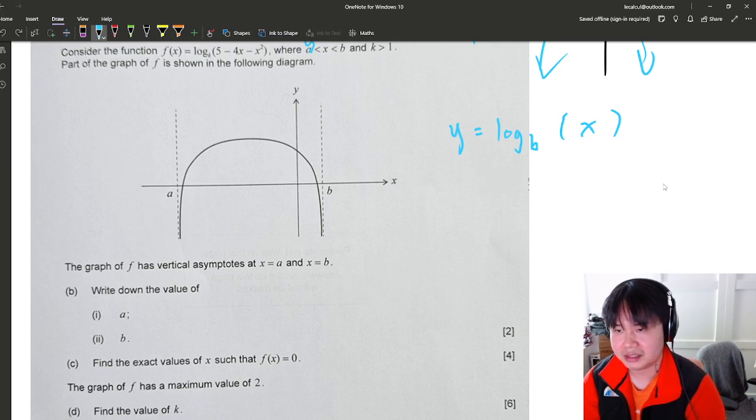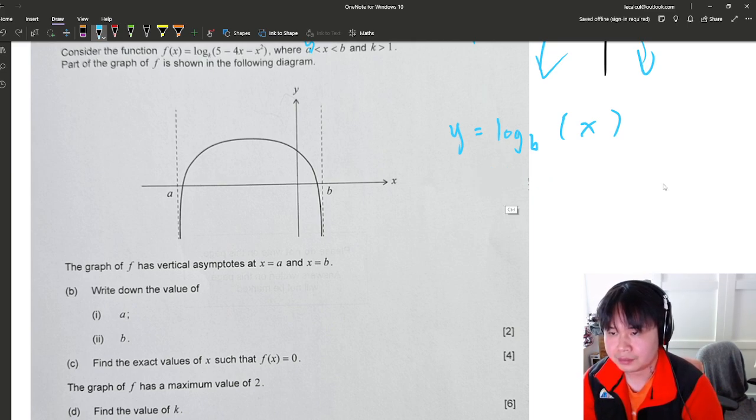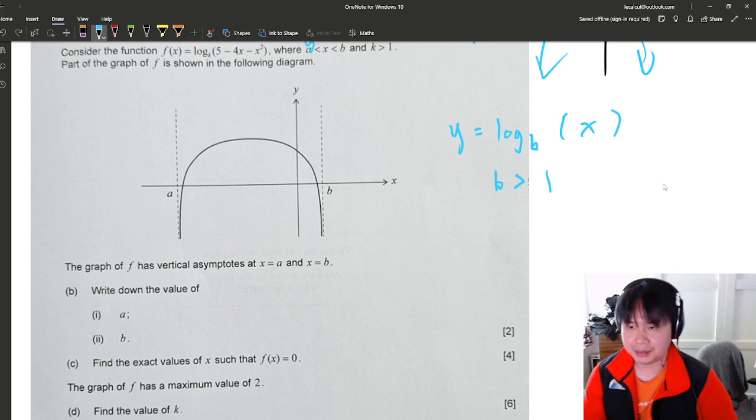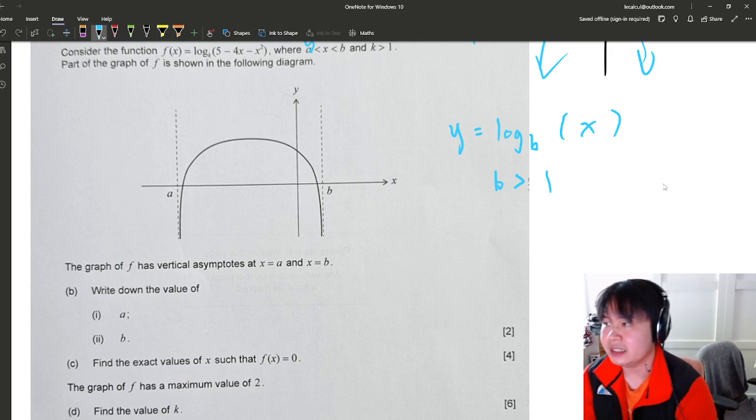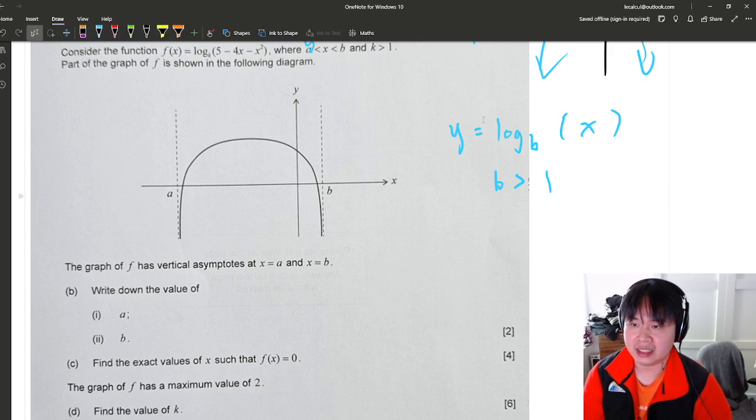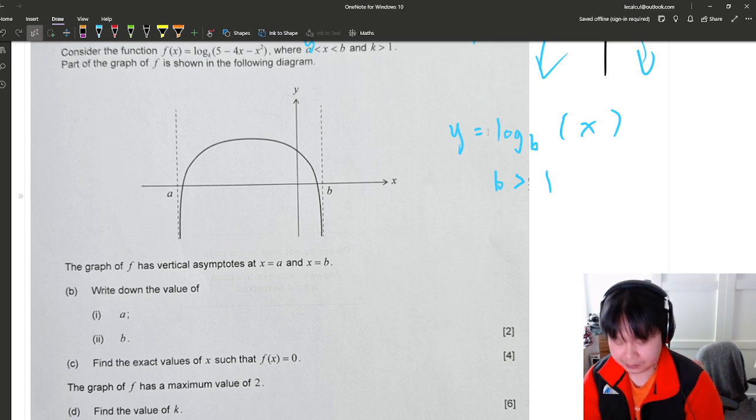Actually, let's do b first. Okay, your base has to be greater than 1. This has to do with understanding what a log is. A log essentially means that y is the exponent, x is the result of taking b to the power of y, right?